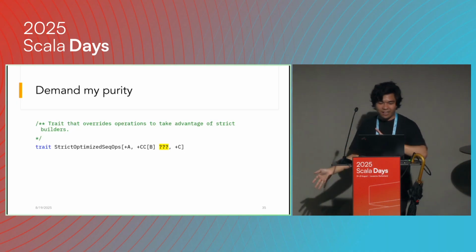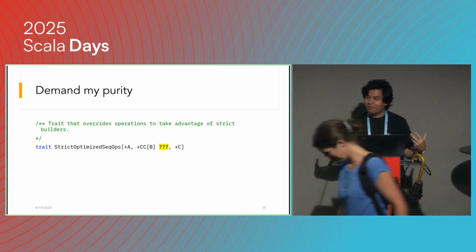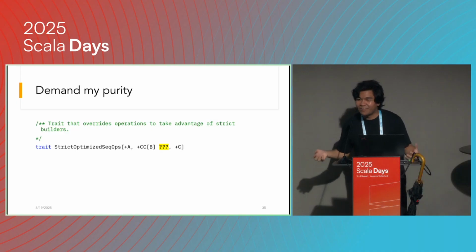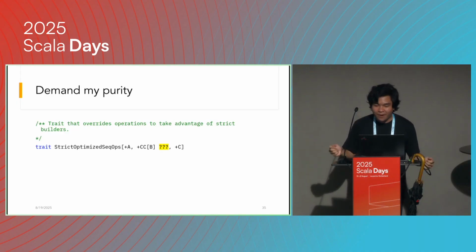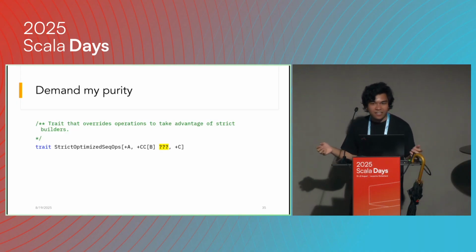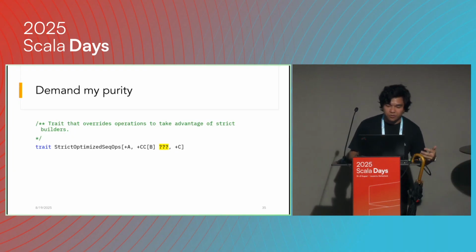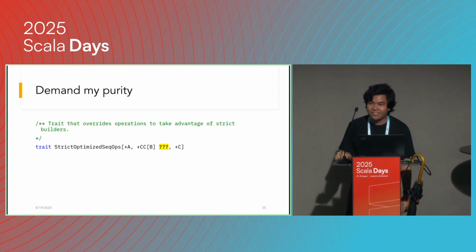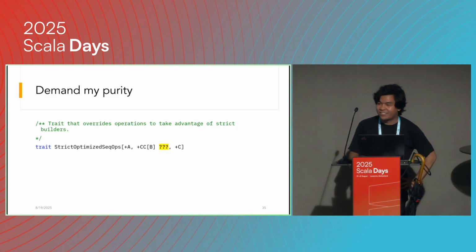So that's how we maintain all the levels of compatibility. And on the other side as well, where sometimes you want to prove your purity, sometimes you want to demand purity, right? So one of the cases in the standard library that we had was StrictOptimizedSeqOps, which, as the name says, if your SeqOps is actually strict, then we have an optimized version for you.